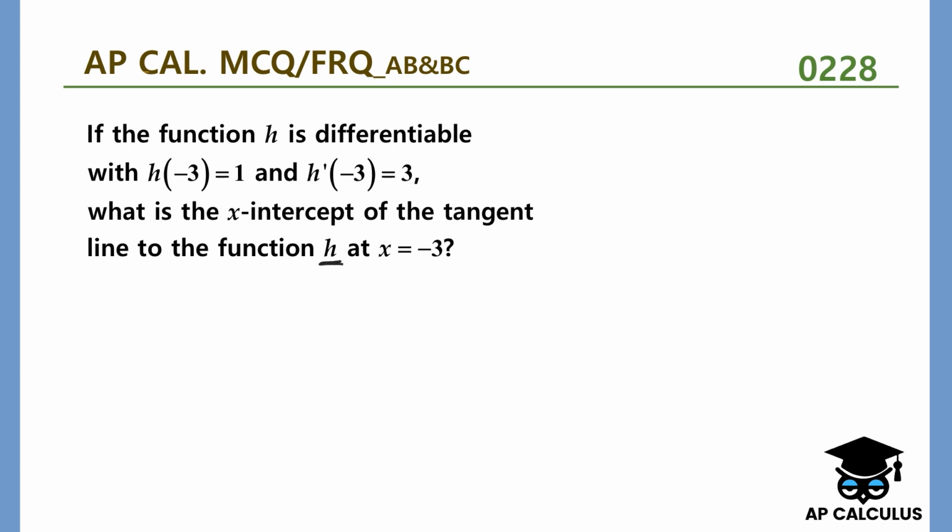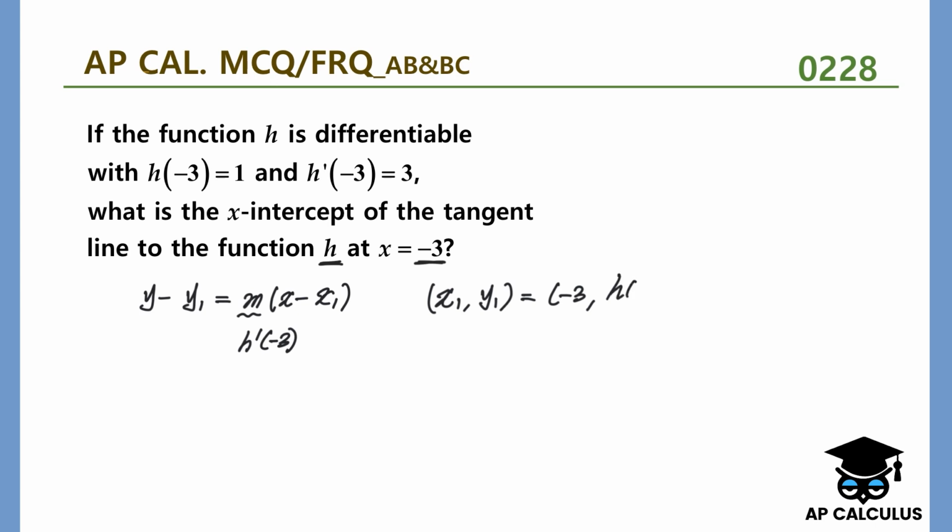And that equation is, if we use point-slope form, y minus y1 is equal to slope m times x minus x1. And this slope is h prime of negative 3, and the point x1, y1 is negative 3, h of negative 3. And this is given right here, 1.